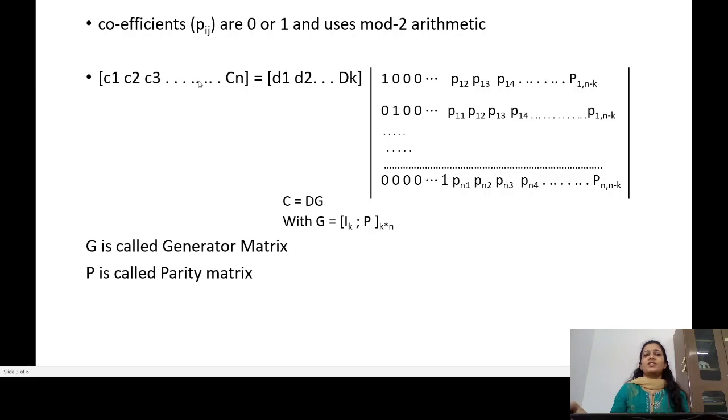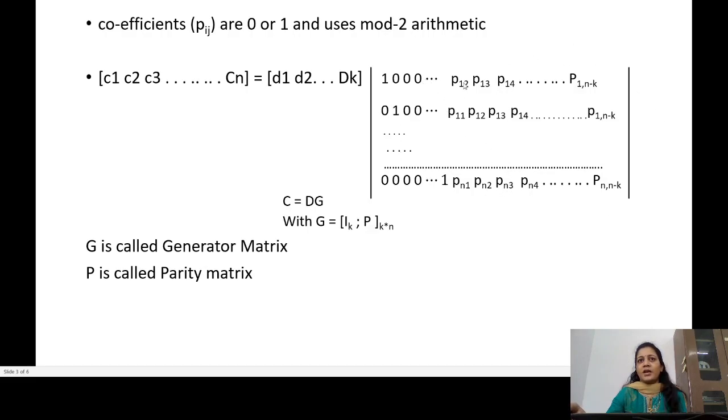In this way we can generate all the code words simply by multiplying message bits with this particular matrix. If you observe this matrix, this part of the matrix is like an identity matrix of order k, and the remaining part of the matrix can be treated as a parity matrix.